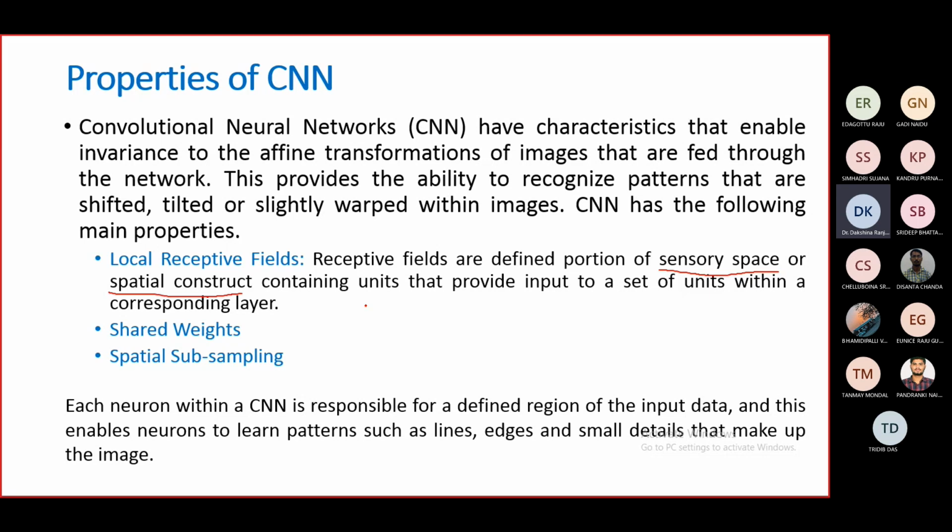Then these pixel values or gray level values found in the receptive field, in the neighborhood area of the input image, are mapped to a single unit in the next feature map.